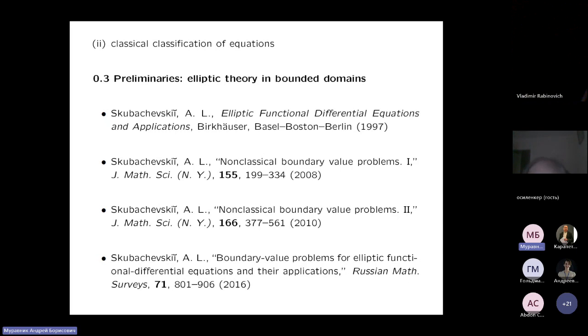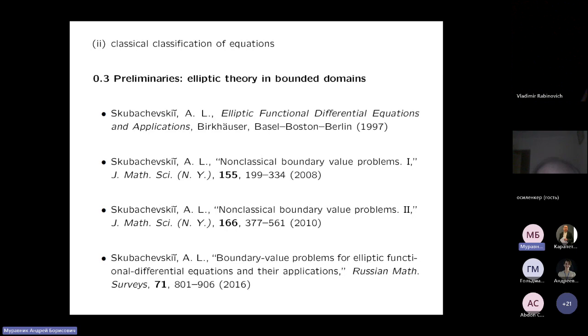First, we have to define elliptic equations or elliptic operators. We define elliptic differential difference operators as follows. If the symbol of the operator is non-positive everywhere, then the operator is said to be elliptic.